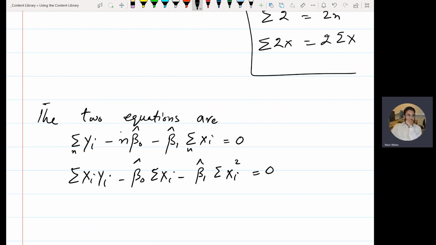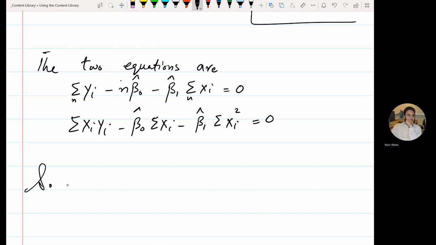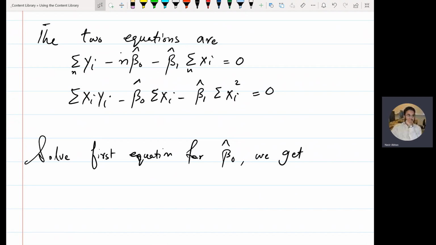Solve the first equation for beta naught. What do you get? Divide everything by n. Divide the whole equation by n. What will you get?